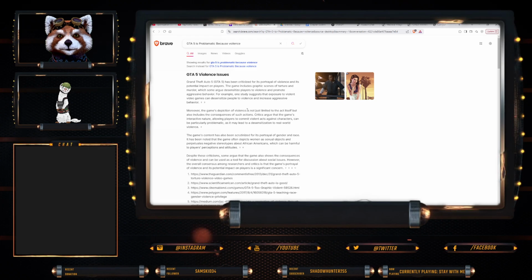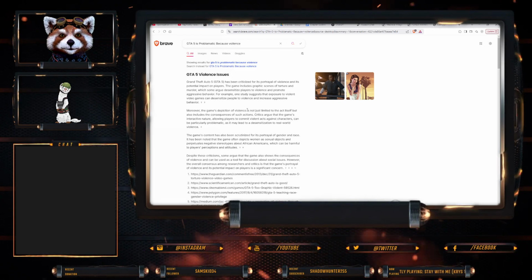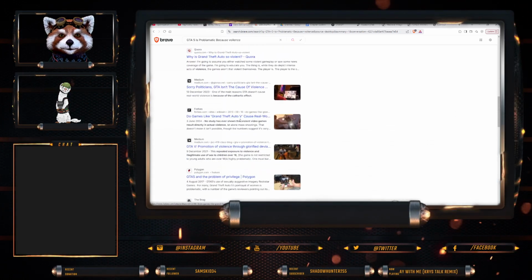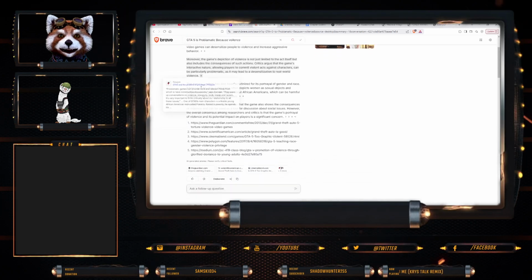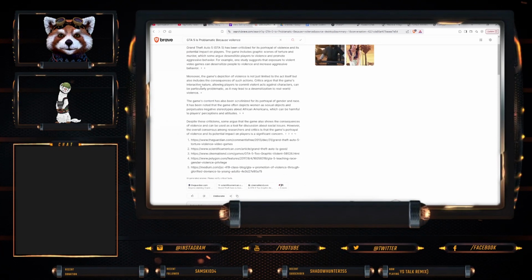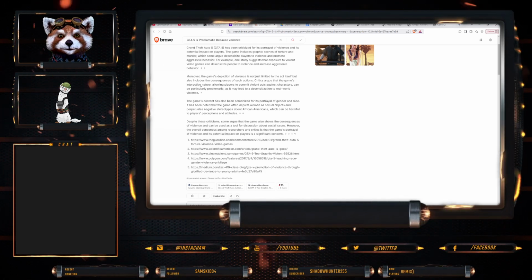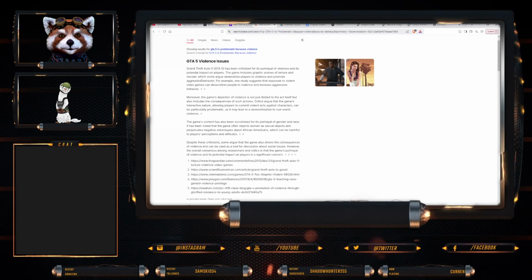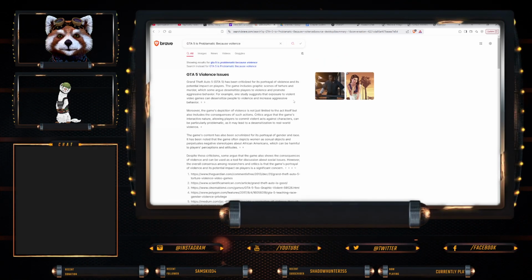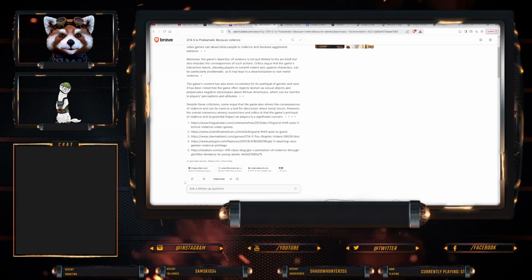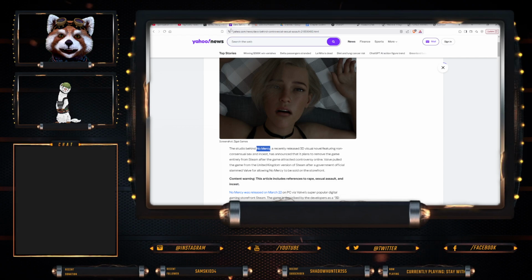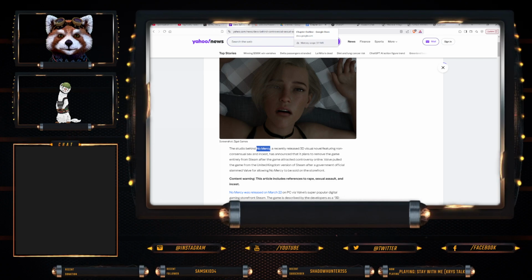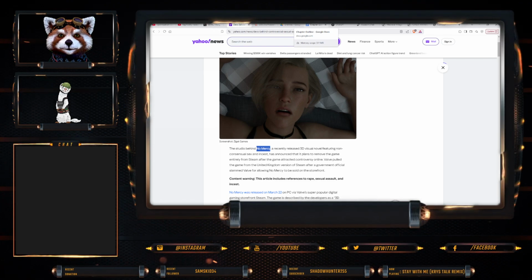For example, people were complaining about the fact that you can kill the prostitutes and stuff like that. And there was a lot of backlash against GTA 5 for doing stuff like that. And this is back in like the early 2000s. So we're going back towards those sort of days again. We're circling back to the early 2000s, 2005, 2006.